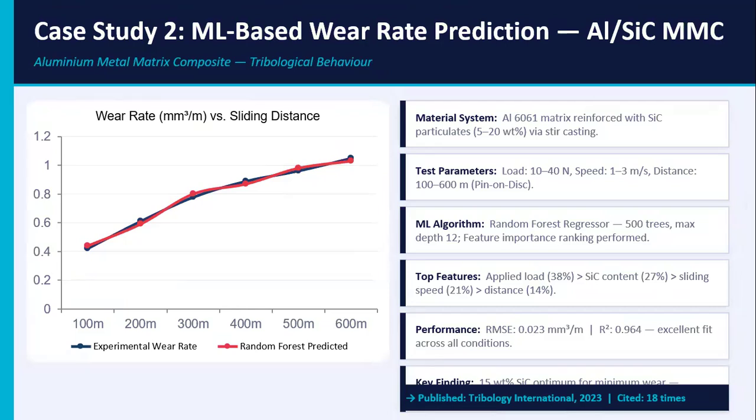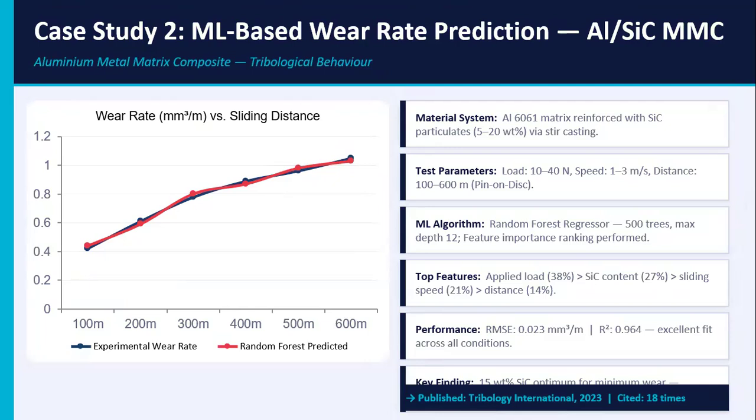Next one, wear rate prediction in aluminum silicon carbide composites. The second case study focuses on aluminum metal matrix composites reinforced with silicon carbide particles. A random forest machine learning algorithm was trained with several parameters such as applied load, sliding speed, and reinforcement percentage.